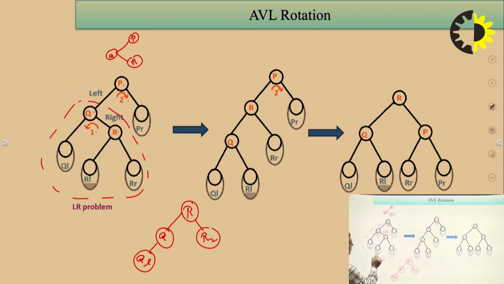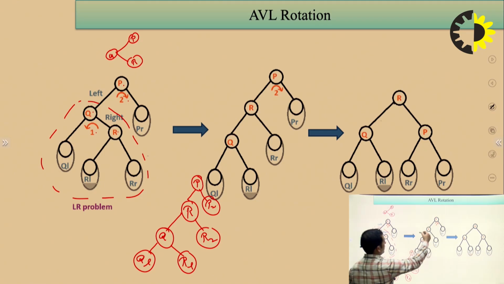Now, the scenario for RL in the same case as previous one. RL is greater than Q and less than R. So, this RL will come here as a new attachment, and upside is the same attachment, this is P and this is PR. Now, we will get this particular tree, P, R, Q, QL, RL, after the first rotation.